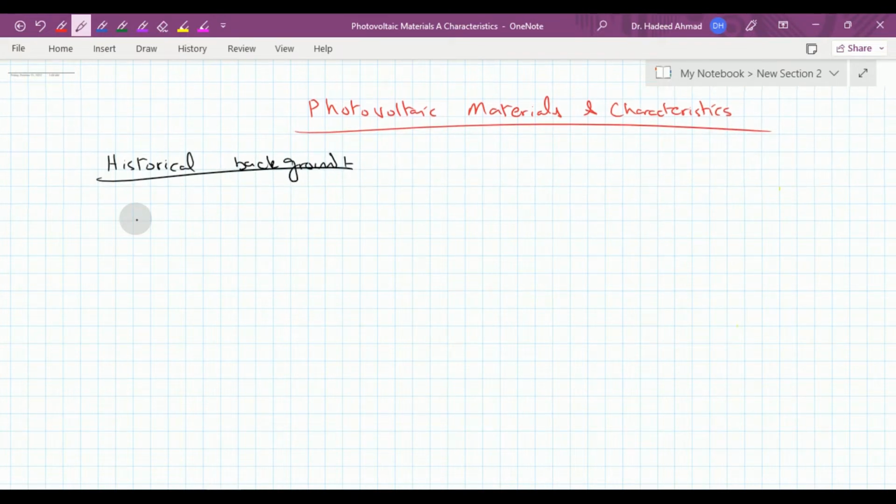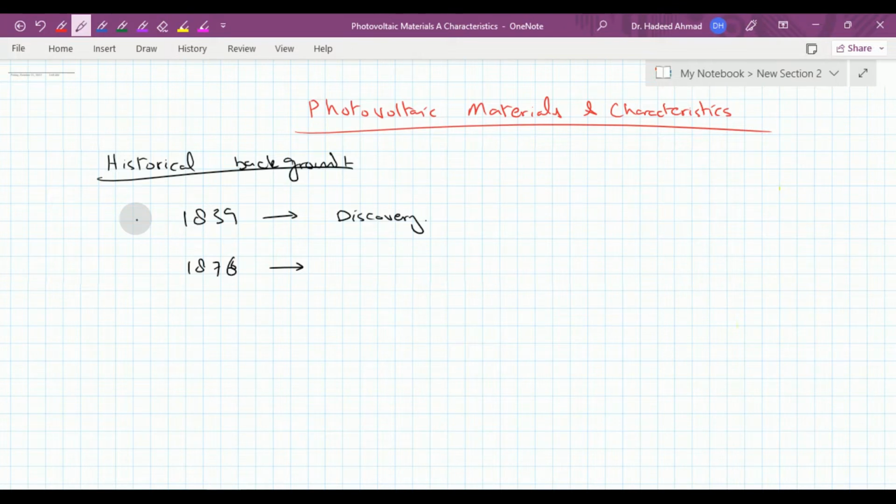It all started in 1839, with the discovery by a French scientist, Edmond Becquerel. So 1839 is the discovery of the PV effect. Then in 1876, the photovoltaic effect on solid material was studied by Adams and Day, and that was only able to provide 1 to 2% efficiency at that time.